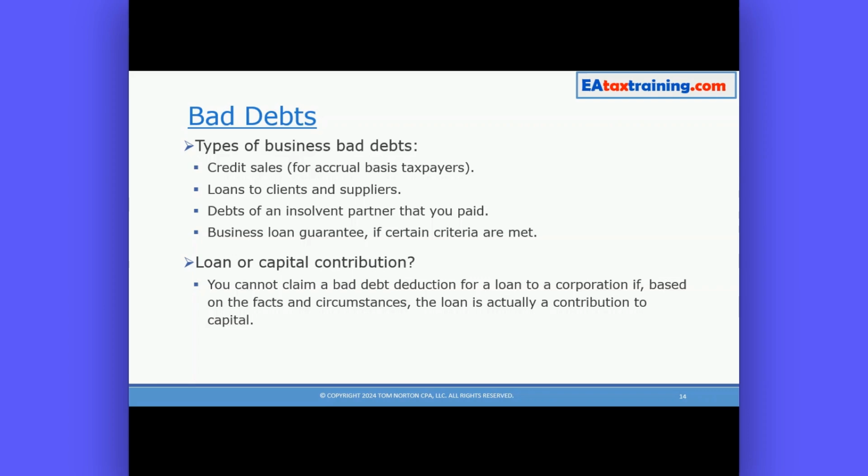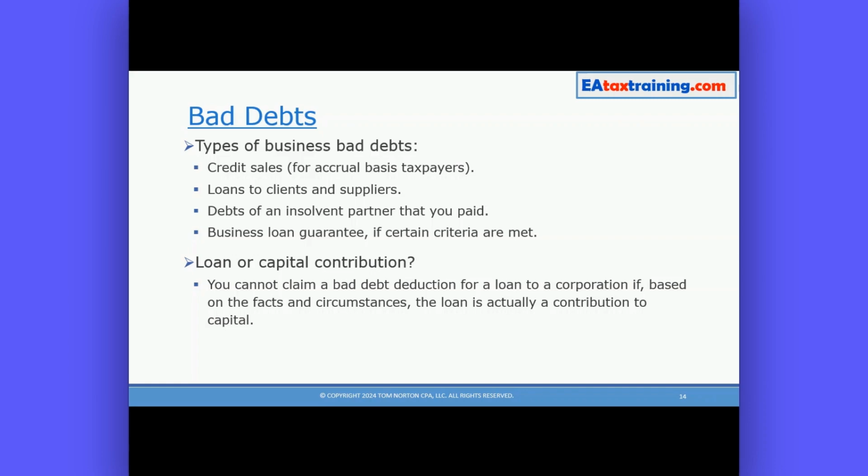Debts of an insolvent partner that you paid. So you've got two or more partners. One of the partners does not pay their portion of a debt, and that partner is insolvent. And so the other partner or partners step in and pay that debt on the other partner's behalf. That is a bad debt. And then a business loan guarantee.